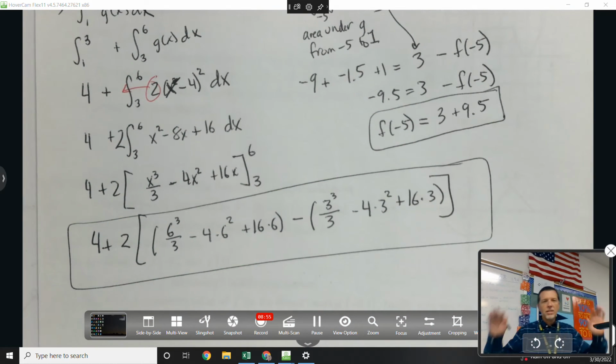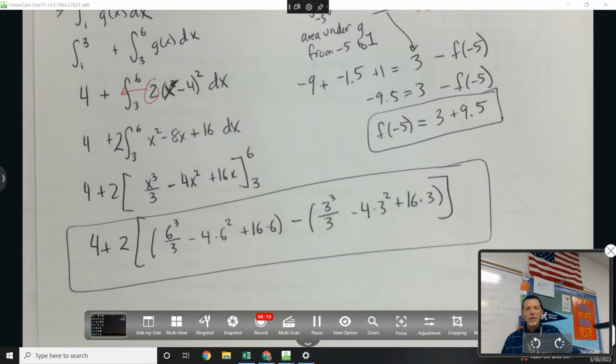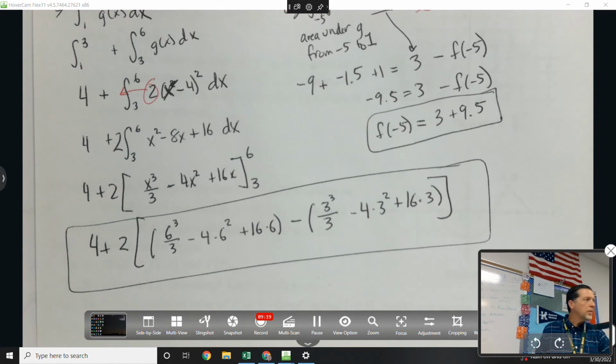Right? I don't want to mess with that. And they don't want you to mess with that. They want, like, you've shown all the calculus. We're good here. Don't spend precious time doing 6 cubed divided by 3 and all the other parts of that. Get it set up. You've done the calculus. You've shown you know what's going on in part B, so we're good.